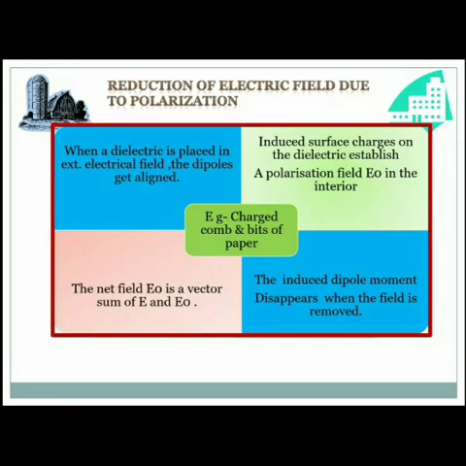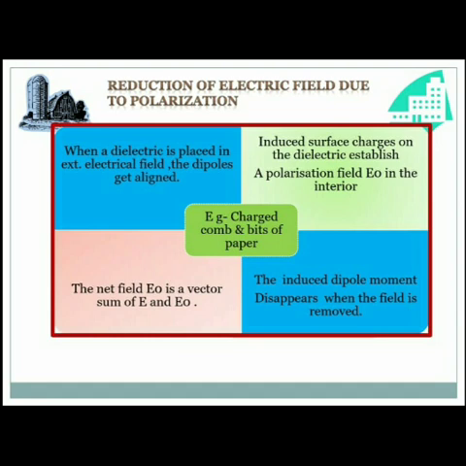Let us come to the various factors affected by the polarization: reduction of the electric field due to the polarization. When a dielectric is placed in an external electric field, the dipoles get aligned. The second example shows that an induced charge on the dielectric establishes a polarization field in the interior.